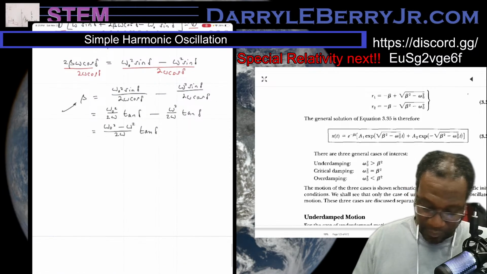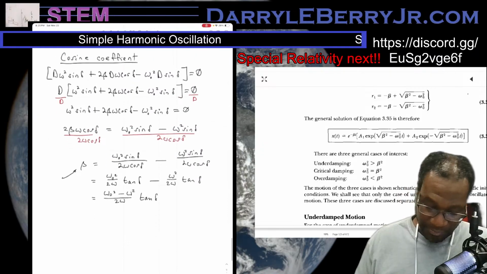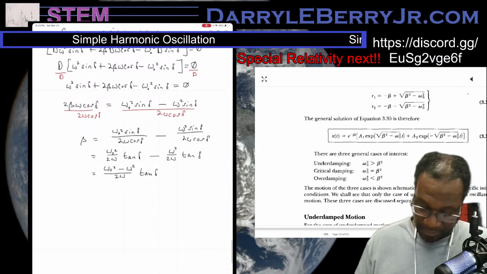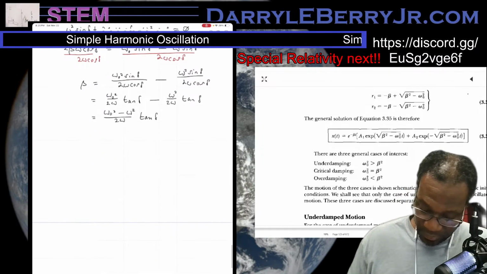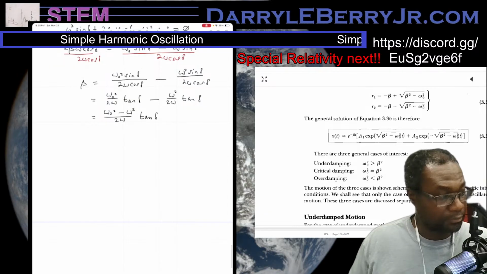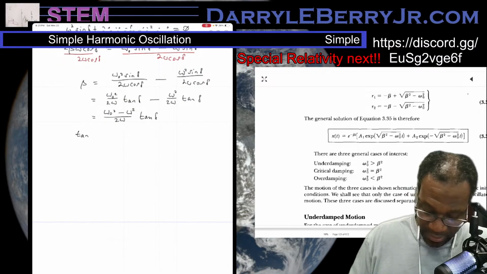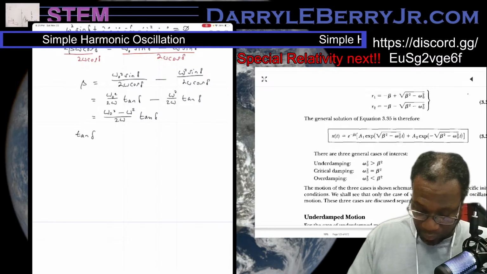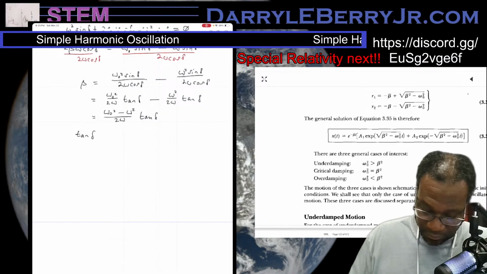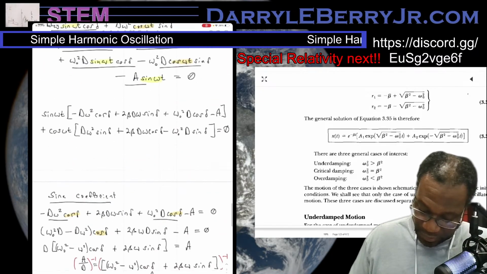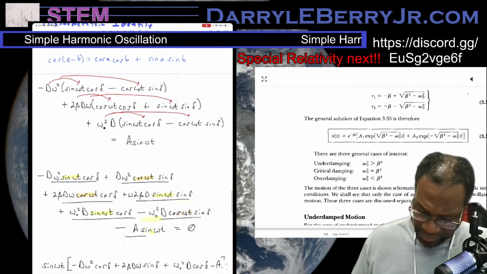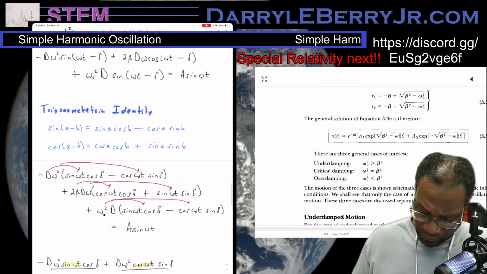Beta is the damping frequency. So that's not B, that's beta. That's the beta from way back when we did the damping one. So we can say that tan of delta of our driving component. Again, I'm not sure I named it something different.